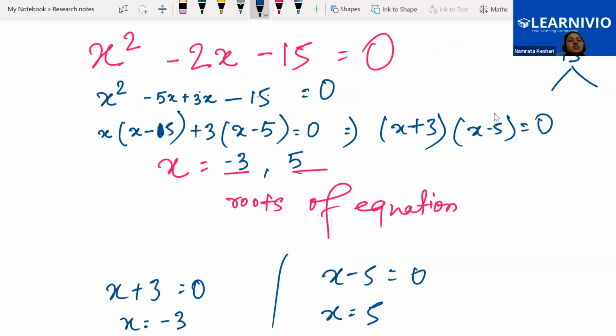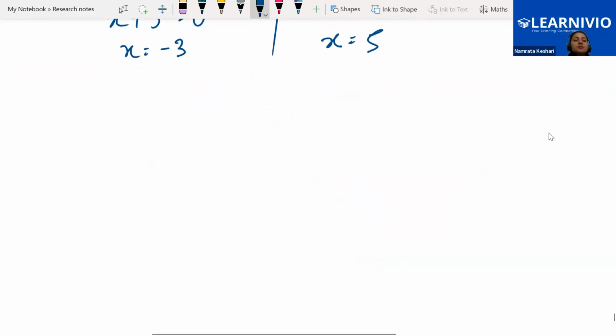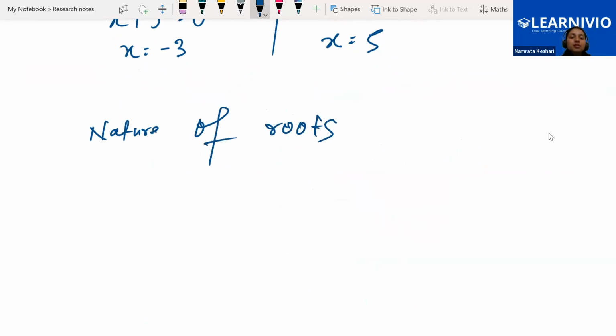Now the next concept is the nature of roots of a quadratic equation. So 3 rules are there, and these 3 rules will give us the nature of the root.